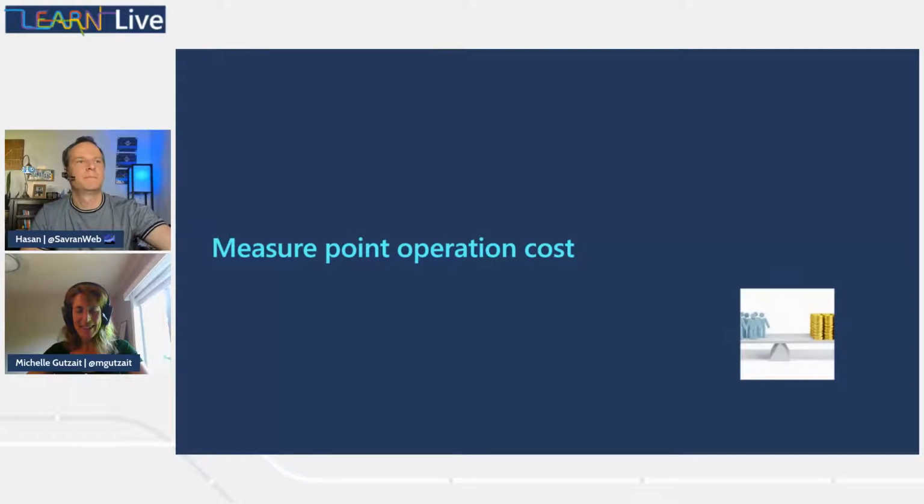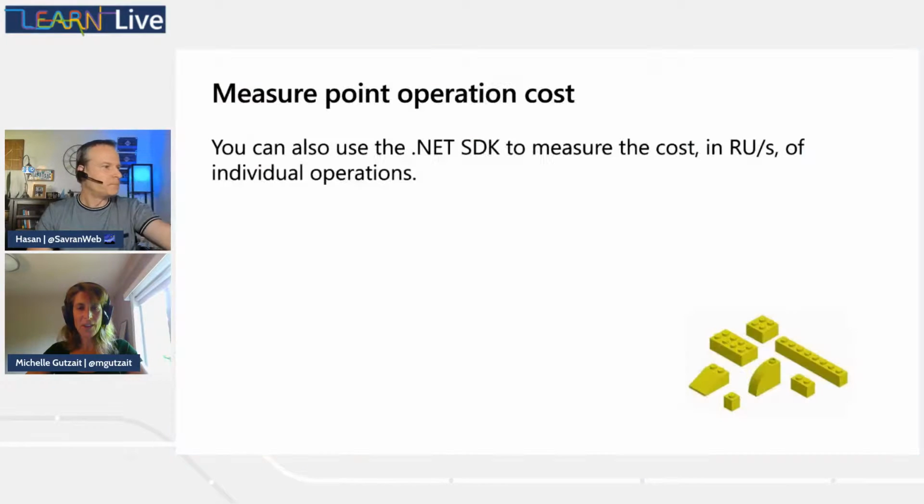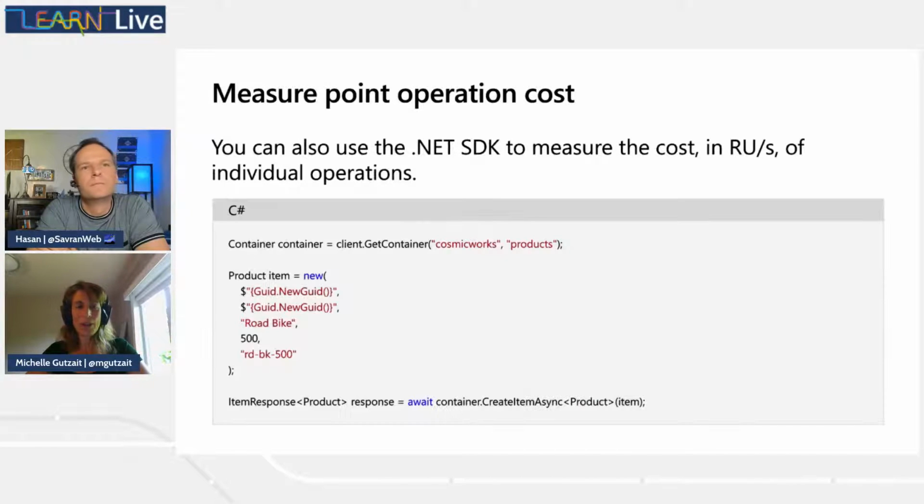So can you see my slides? Yes. So let's talk about measuring the point operation cost. You can use the .NET SDK to measure the cost of an individual operation, but you can also do it with the other options that we saw, including, as you will see in the lab, through the notebook.